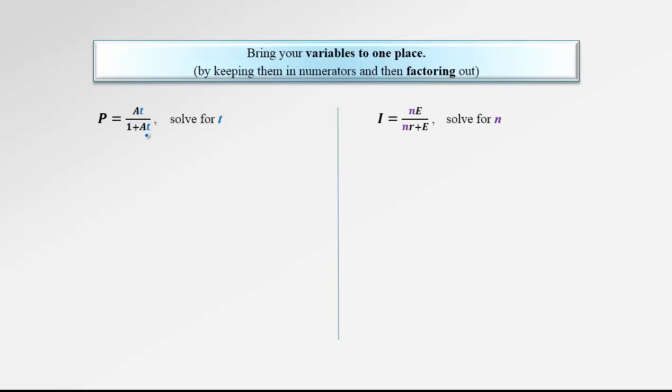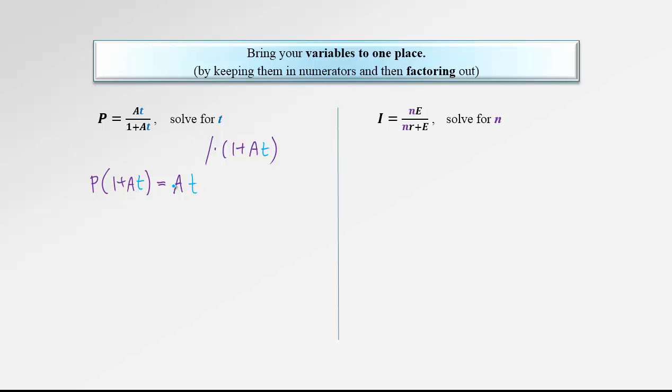So what we need to do first is to make sure that we have no variables in denominator, clear denominator. That means let's multiply the whole equation by 1 plus at. So we have p times the bracket 1 plus at equals, and since we multiplied by this denominator, the denominator is gone, so we really have just at.